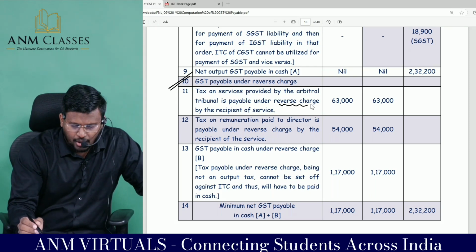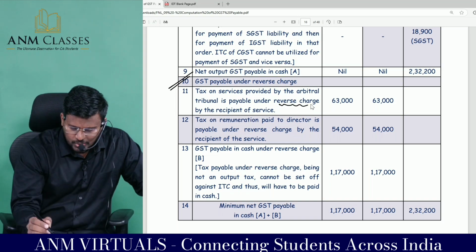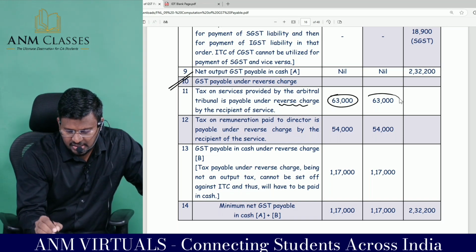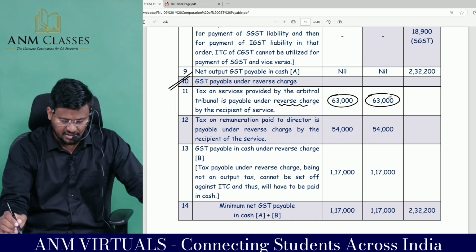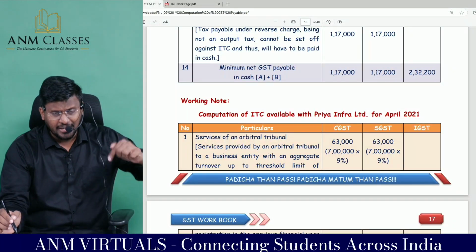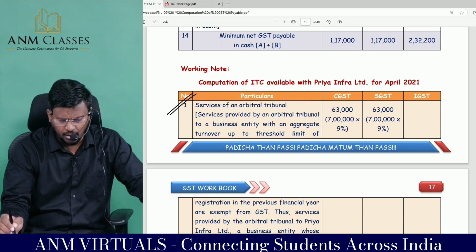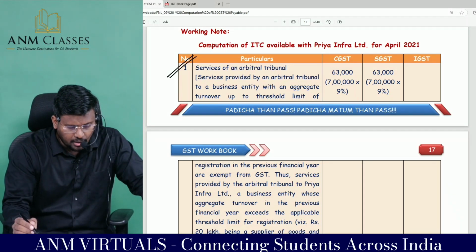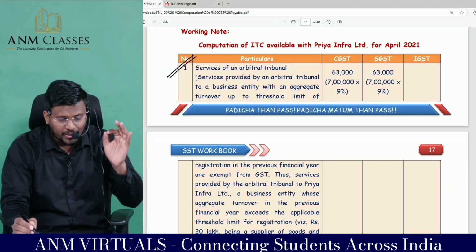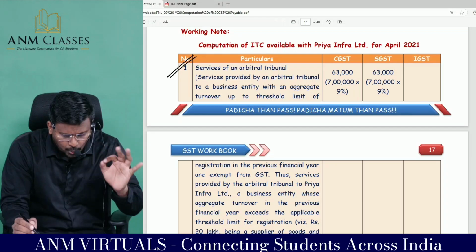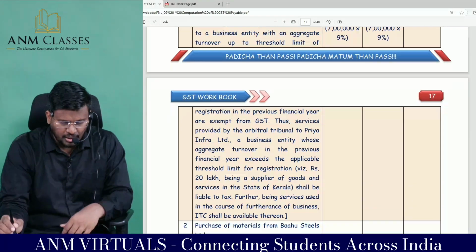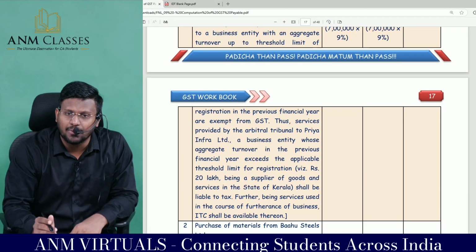By the recipient of the service. So the value into CGST, sir, 63,000 and 63,000 SGST. Comfortable, sir? And this can be taken as what also? ITC also. Service of an arbitral tribunal. Service provided by an arbitral tribunal to a business entity with an aggregate turnover up to threshold limit of registration in the previous financial year are exempt from GST.